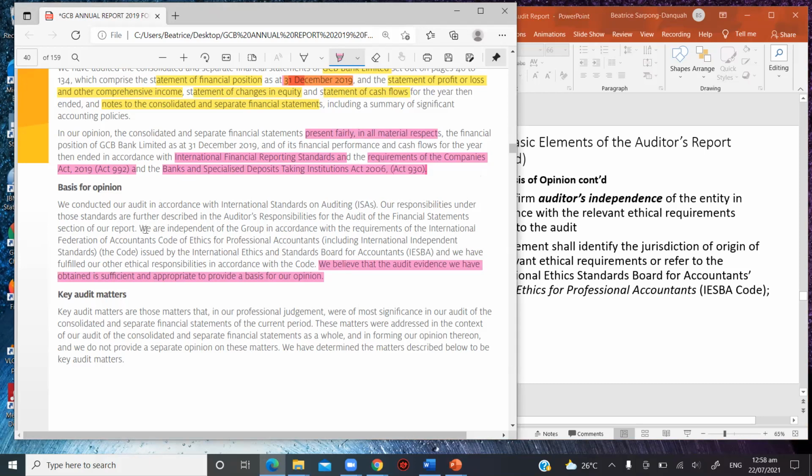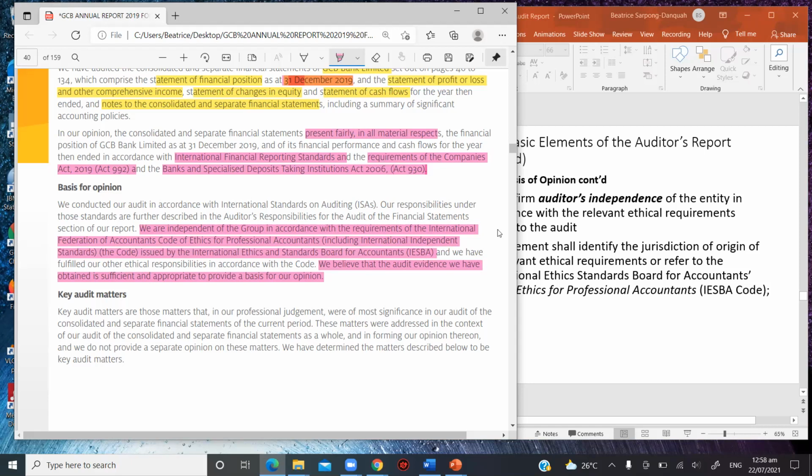We are independent of the group in accordance with the requirements of the International Federation of Accountants Code of Ethics for Professional Accountants, including international independence standards. The code is issued by the International Ethics Standards Board for Accountants, IESBA, and we have fulfilled our other ethical responsibilities in accordance with this code.